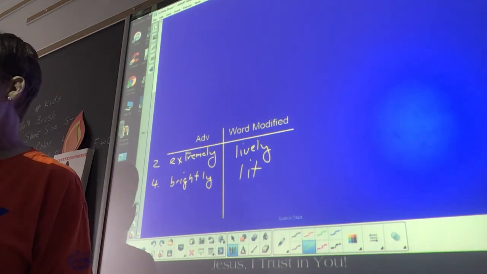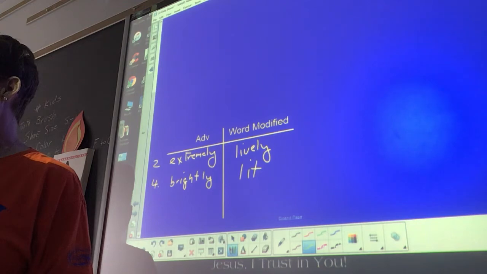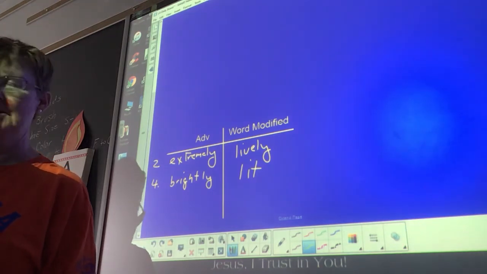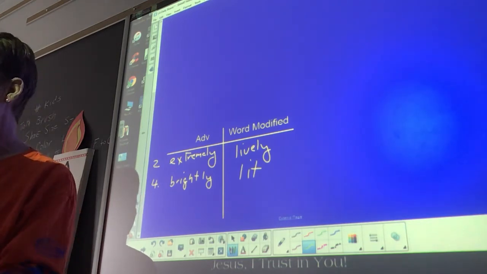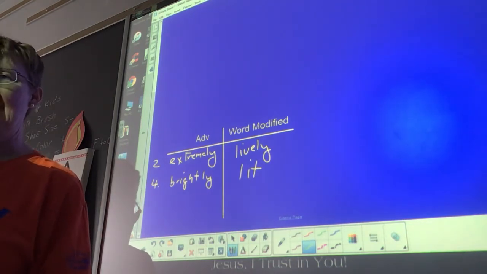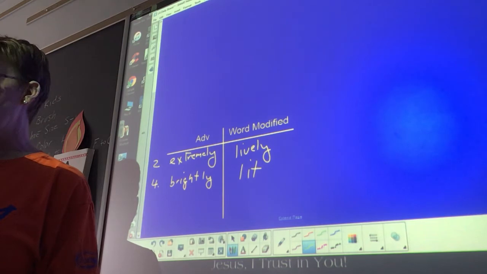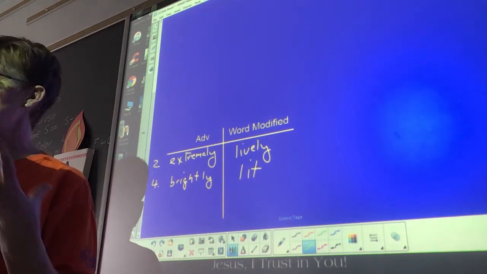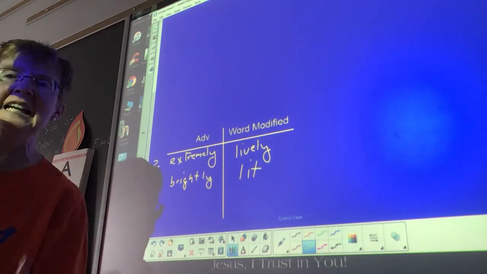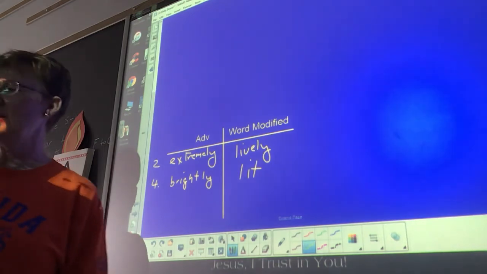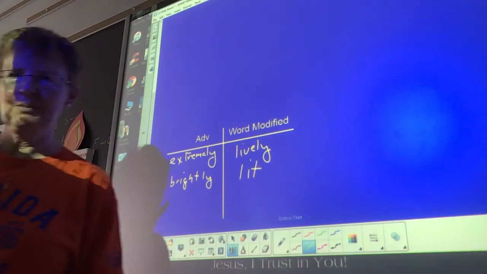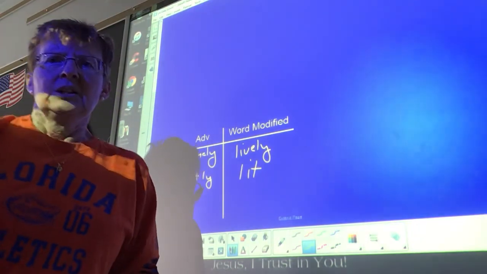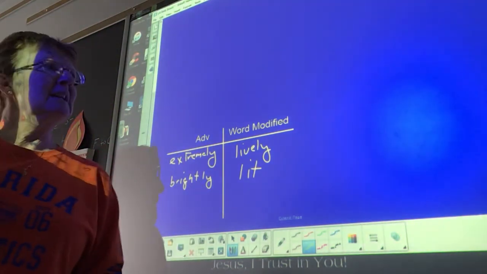Let's look at 11. Joining a new club can be blank scary. So you're going to write very scary would be a possible word, or quite scary, or really scary. So you're just filling in the blank, and it has to be filled in with an adverb. Okay? So that's it. Do the best that you can.